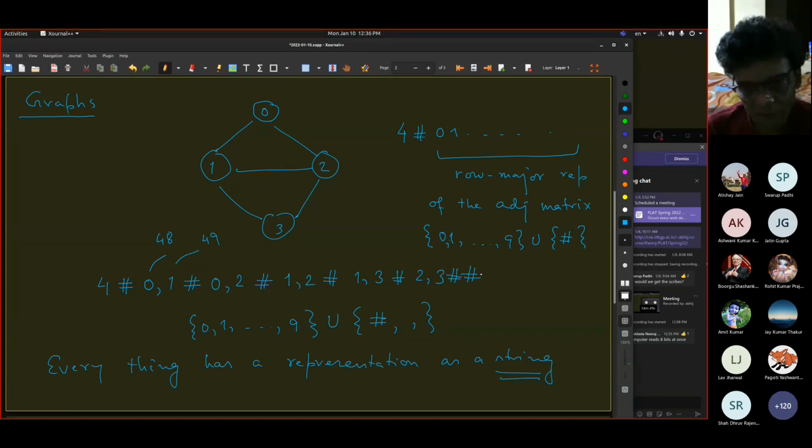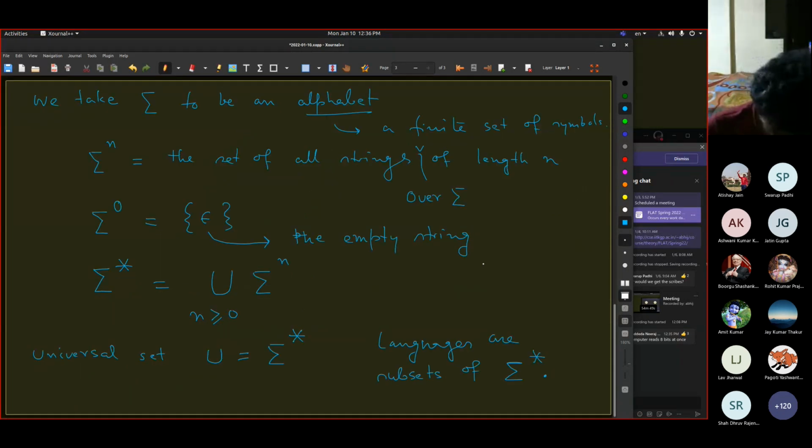Okay, hash may have something like 36. So whenever you get that 36, in fact, how is this string stored in something like a char star, char array? It's nothing but a sequence of zeros and ones. So this is the important thing.